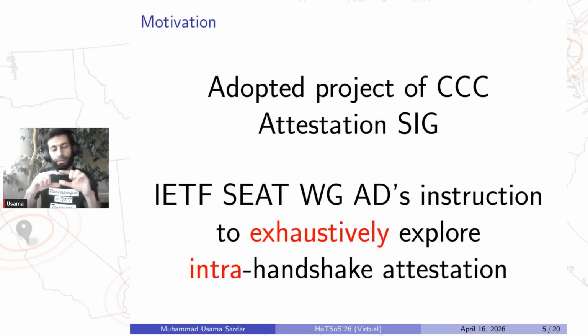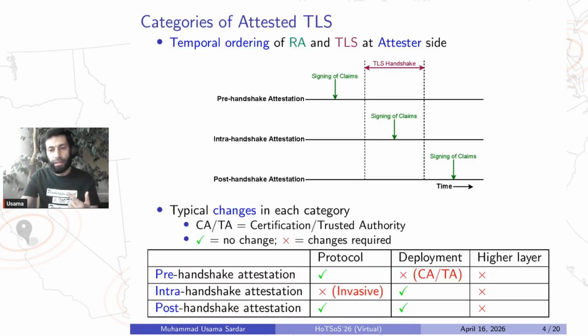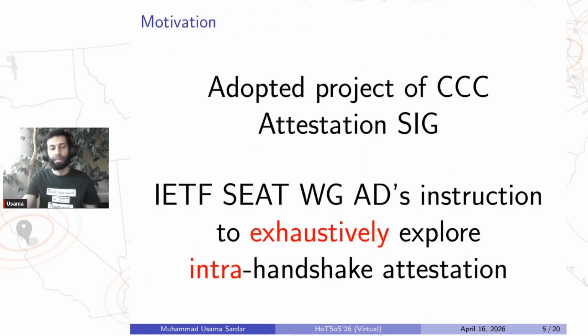As I will explain later, in this table I have already shown that it's common for all the 3 categories. What is redundant are these deployment and protocol changes, which we can absolutely avoid, and have even better security, which I will explain.